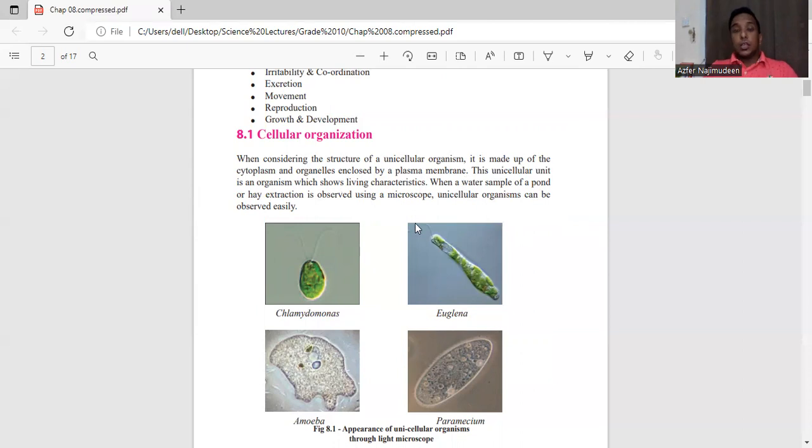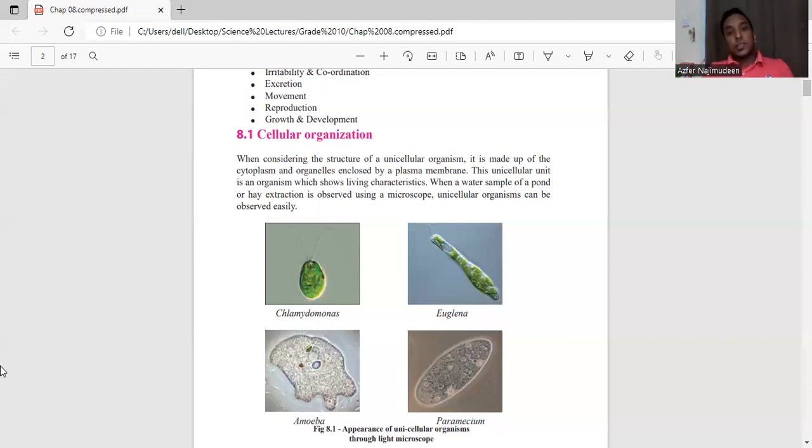So they're telling us that if you take a sample of water from a pond and observe it under the microscope. A microscope is an instrument which is used to observe microorganisms. The word micro means small. So a microscope is an instrument which is used to observe minute organisms.